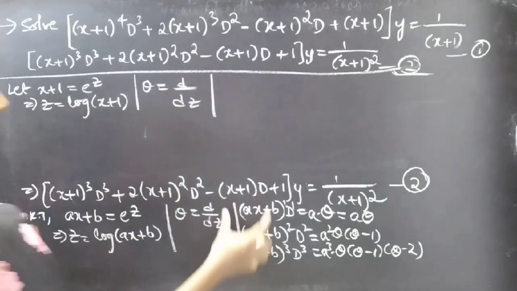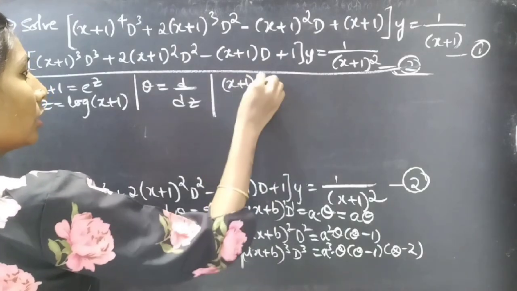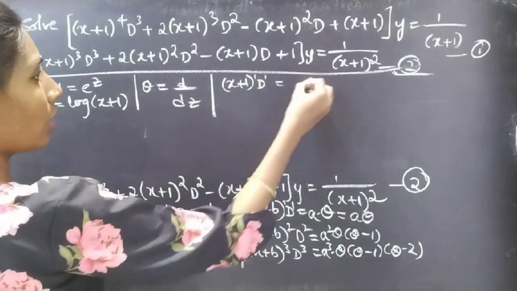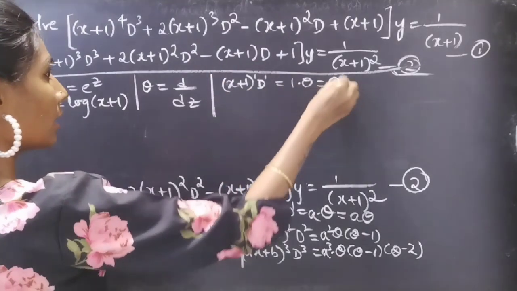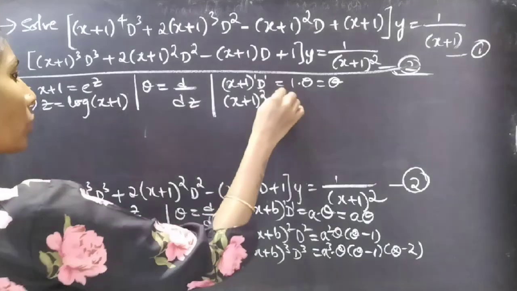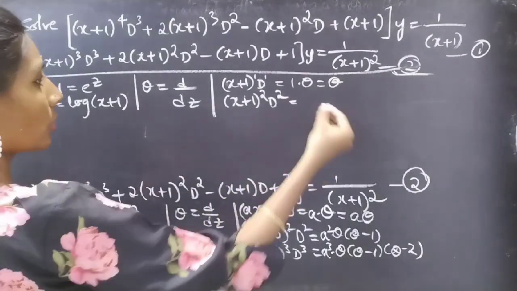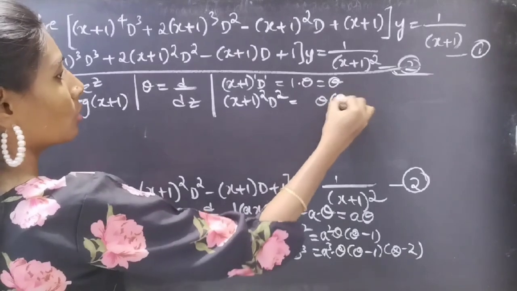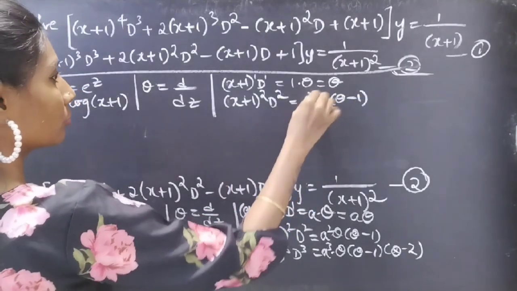We can replace (x+1) D by, since you have power 1, only one term of theta into the coefficient of x, 1, which is theta. (x+1)^2 D^2 can be replaced by, since you have squares, two terms of theta into 1 squared.